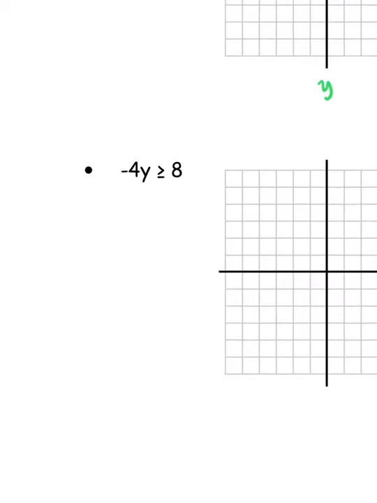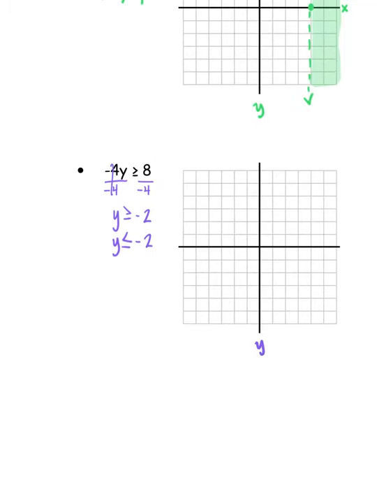So here's another one that we can do. -4y is greater than or equal to 8. Let's divide both sides by -4 to get y by itself. Y is greater than or equal to -2. And remember, when we multiply or divide by a negative, we have to flip our sign. So now we have y is less than or equal to -2.